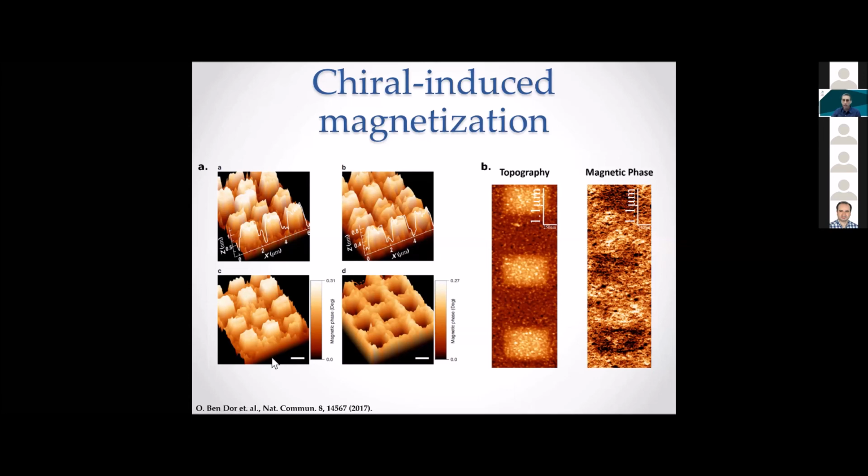And I'd like to stress that this result is a steady state result that does not require any current or any transport happening. The molecules are essentially just adsorbed on the surface, and then the magnetization is subsequently measured as shown here.